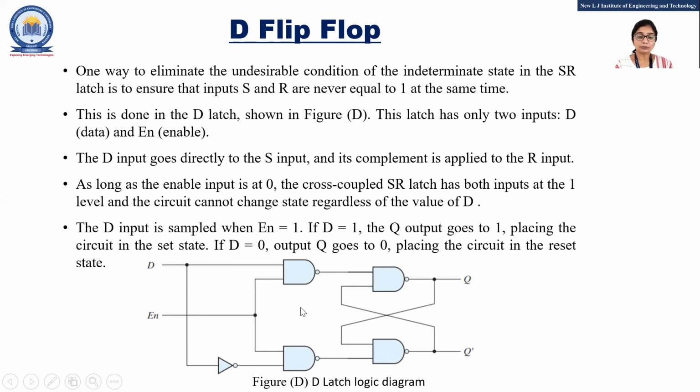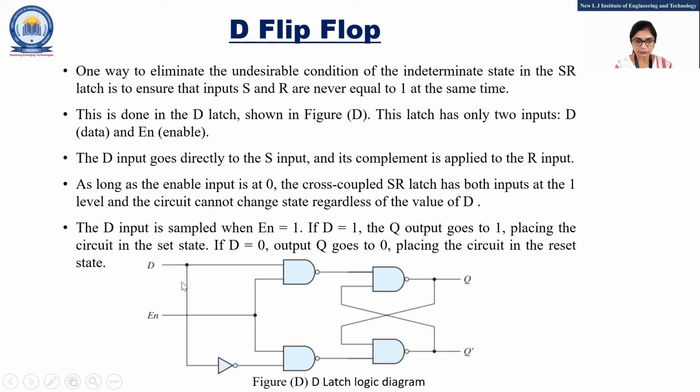Because you know, in the JK flip-flop and also in the T flip-flop, we have discussed this state also, that whenever this input is 1, then the output will be 1. Right? It means the circuit is in set mode, placing the circuit in the set state.